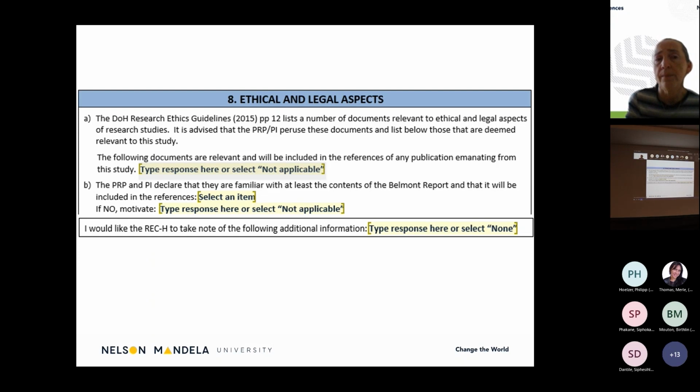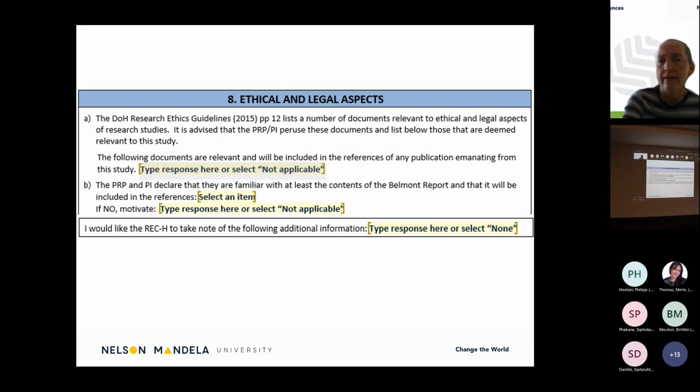The PRP and PI declare that they are familiar with at least the contents of the Belmont report and that it will be included in the references. So it needs to be in your proposal, the Belmont report, and maybe even the Declaration of Helsinki and maybe some of the others as well. And if not, you need to motivate. Ideally, we want to see them.